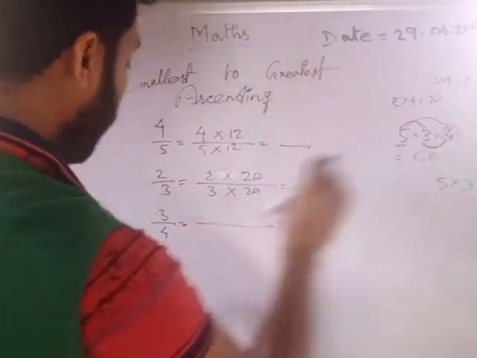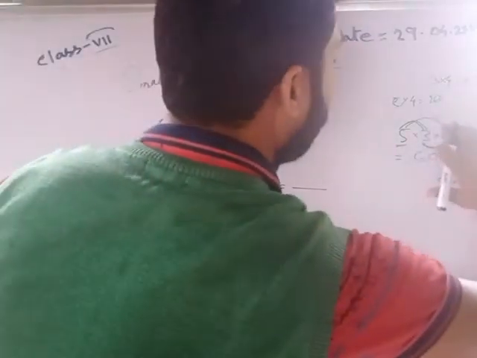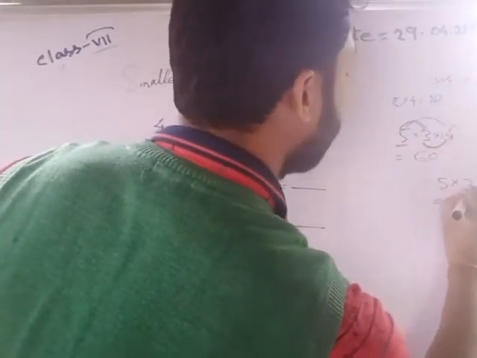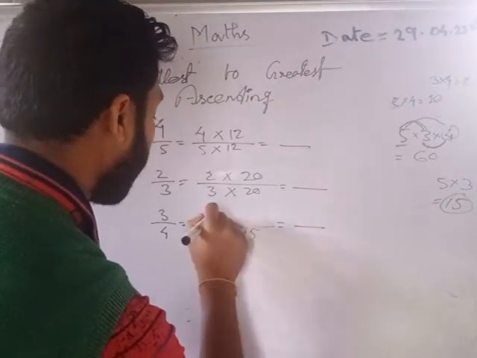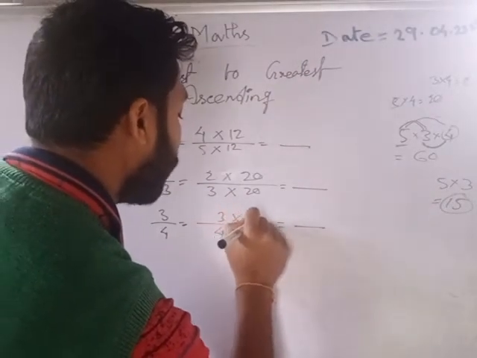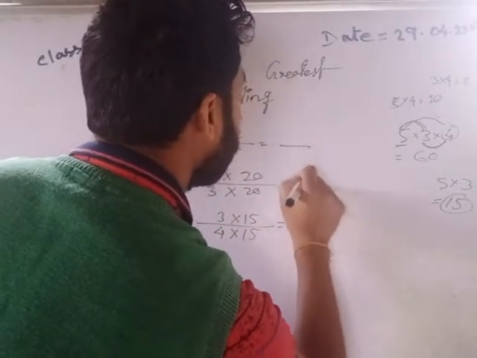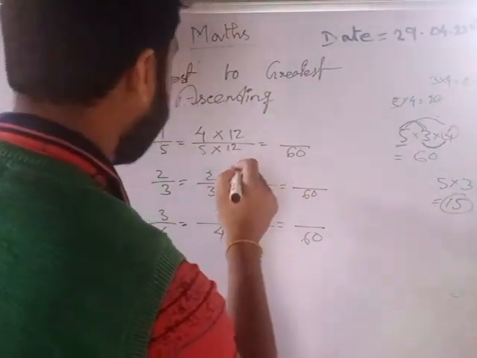Without 4, the denominator is 4, that is 3 and 5, 5 3s are 15, so we should multiply by 15, and 3 also multiplied by 15, and 60. All of the fractions have denominator 60.